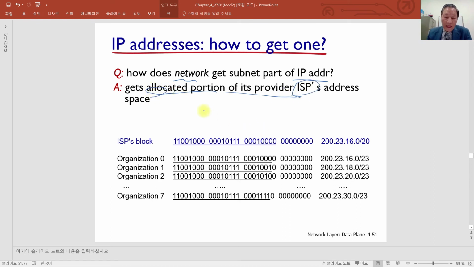The internet service provider provides that. Then from whom does that ISP get its IP addresses? That will be explained in the next slide. This IP address range is managed by the internet service provider, and among them, one or two groups of IP addresses will be assigned to our company or to our house.